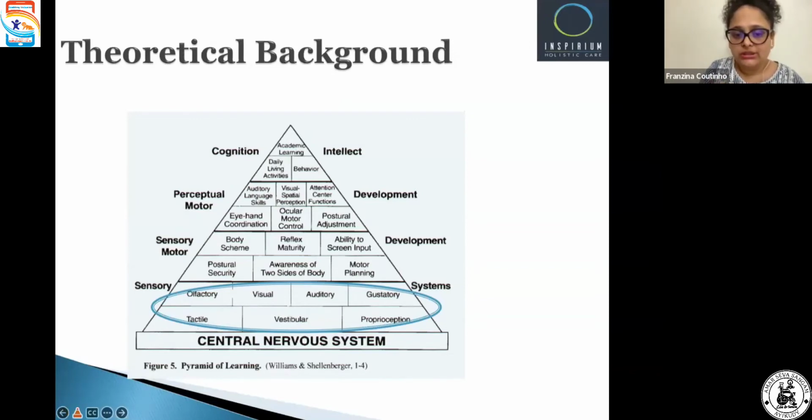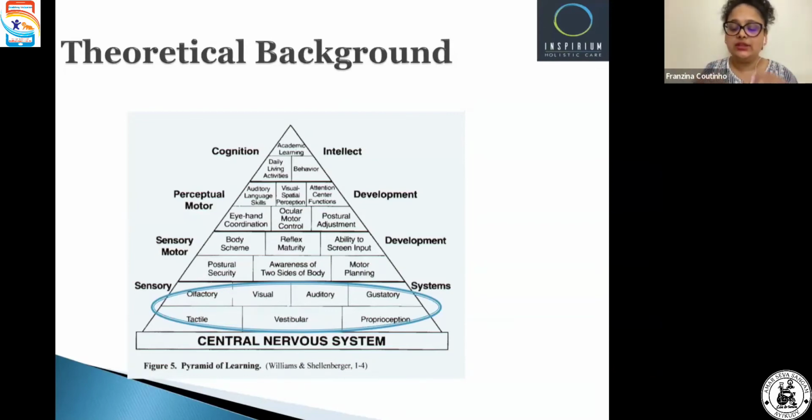You have all your sensory systems over here: your tactile system, your vestibular system, proprioception, gustatory, auditory, visual, and olfactory. What I want you to pay attention to is there are two layers of sensory systems. All of them are important 100%, but the tactile, vestibular, and proprioceptive systems are the foundation of the foundation.